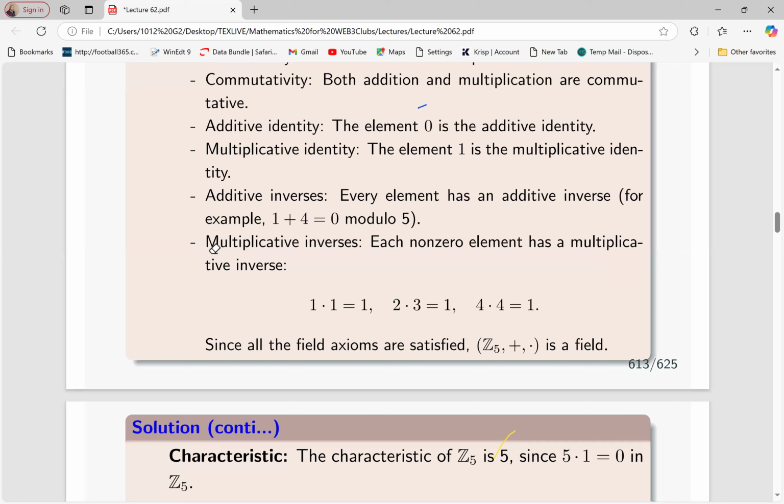Look at closure under multiplication, associativity under multiplication, the multiplicative inverse of every element, and the multiplicative identity element. So that is how a group is done. A group only considers one sign: it's either a group under addition or a group under multiplication.